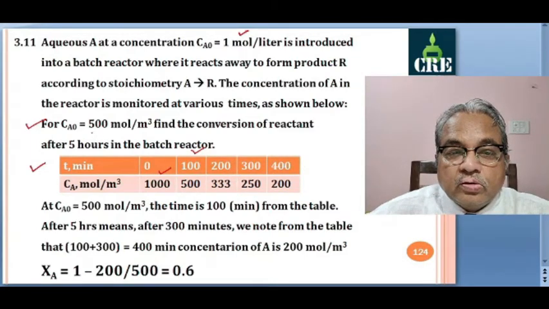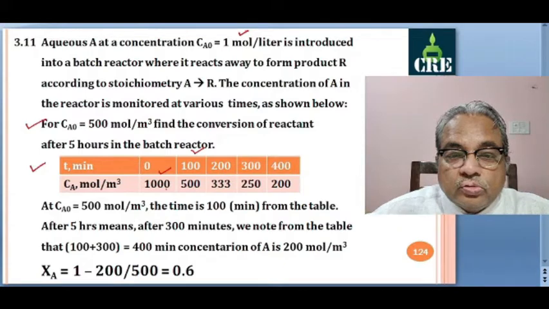Now what is done is, for Ca0 is equal to 500, so you start here. So this is actually your 0, this will be 100, 200 and 300. So the time is 100 minutes from this table. After 5 hours, 5 hours means 60 into 5, 300 minutes. You have to find the conversion.